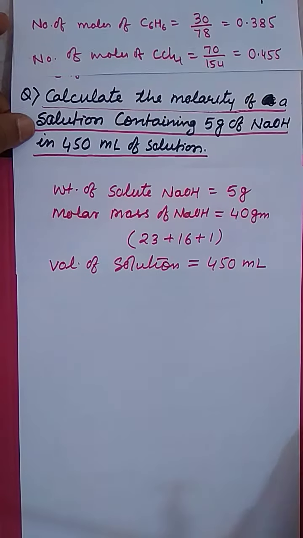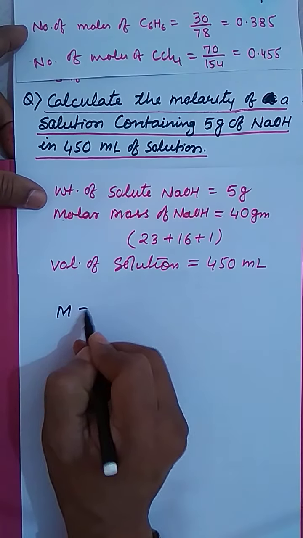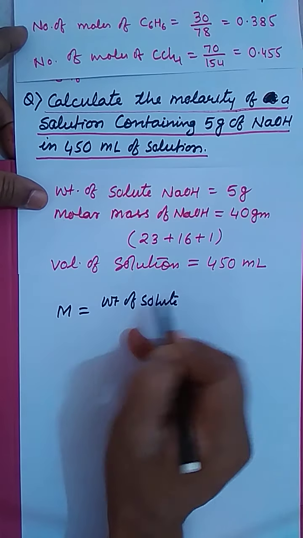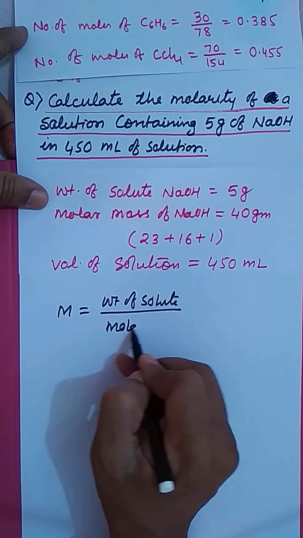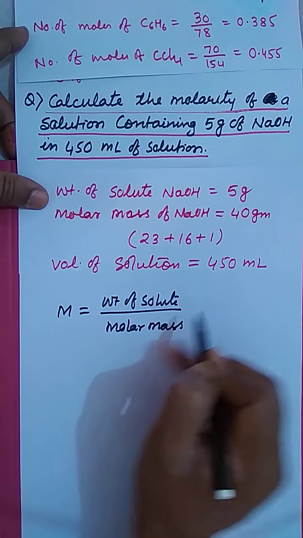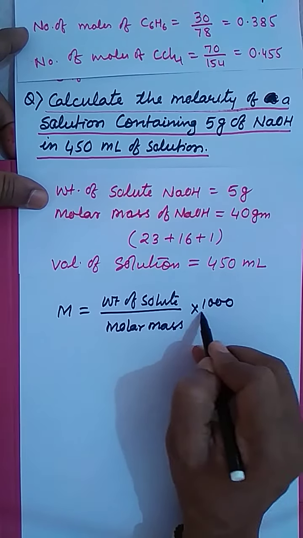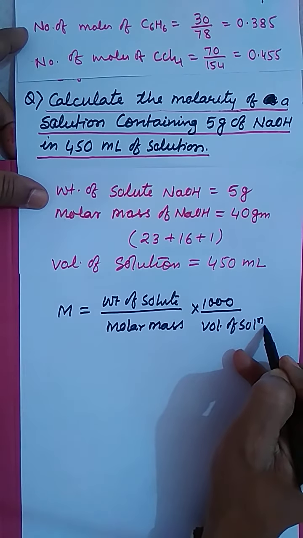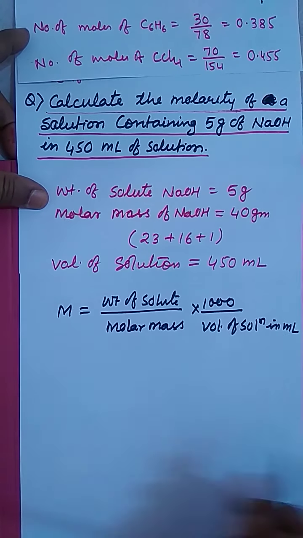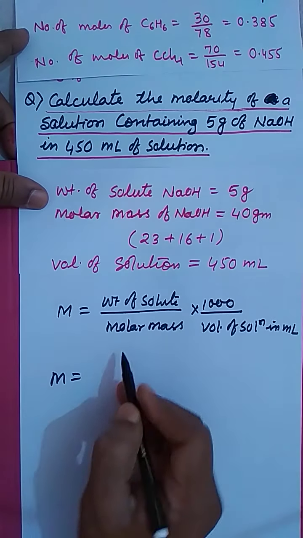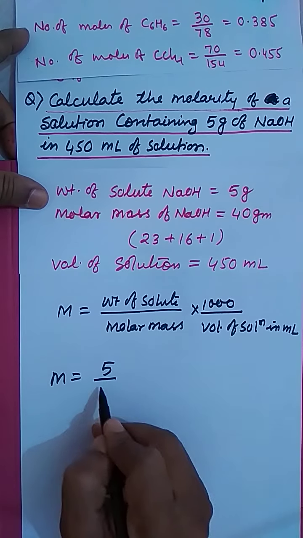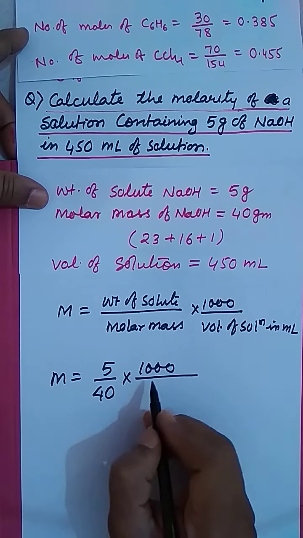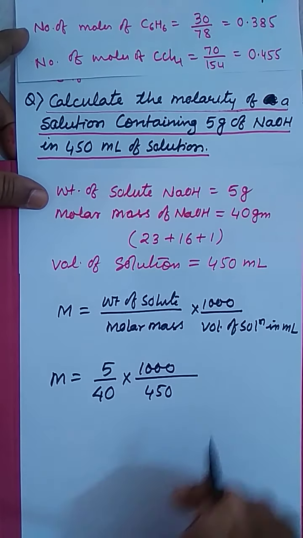Now we apply the formula of molarity. M is equal to weight of solute upon molar mass, multiplied by 1000 upon volume of solution in milliliter. Now M is equal to 5 upon 40 multiplied by 1000 upon 450.